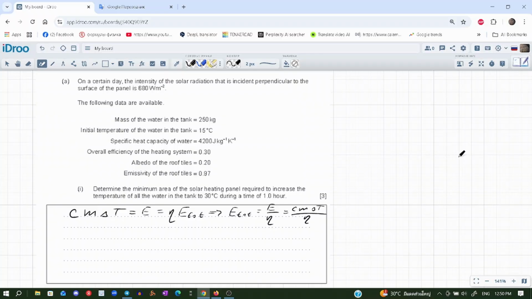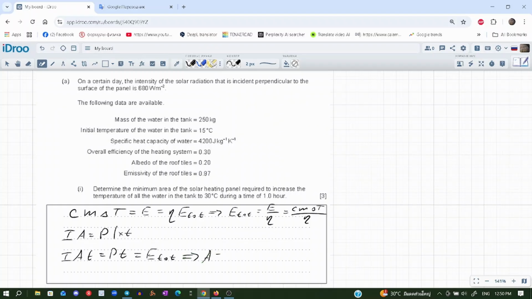and they ask us for minimum area. How can we find this minimum area? We know that intensity times area equals power. Alright? If we multiply it by time, we will get power times time, which is the energy exactly. This is our total energy, right?